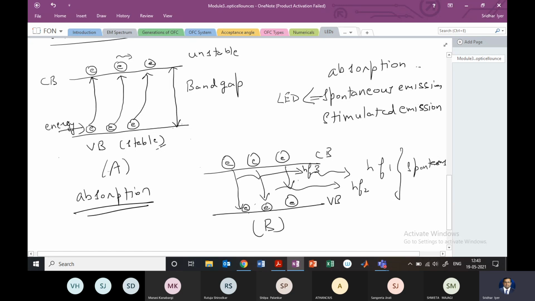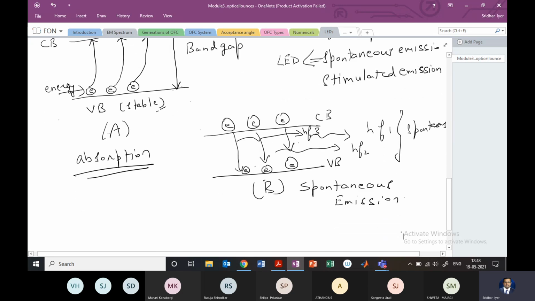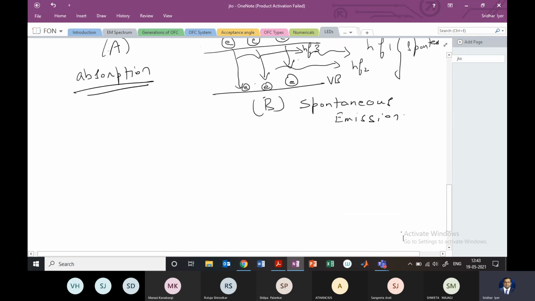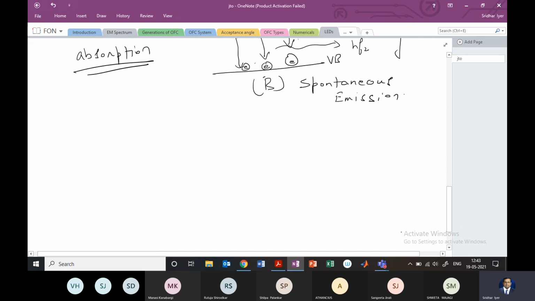And diagram B is known as spontaneous emission. So it is on this basis that the LED is going to operate. Right. So I hope it is clear how the LED will operate. Okay, we'll discuss a little bit more on this when we talk about the structures of LED.